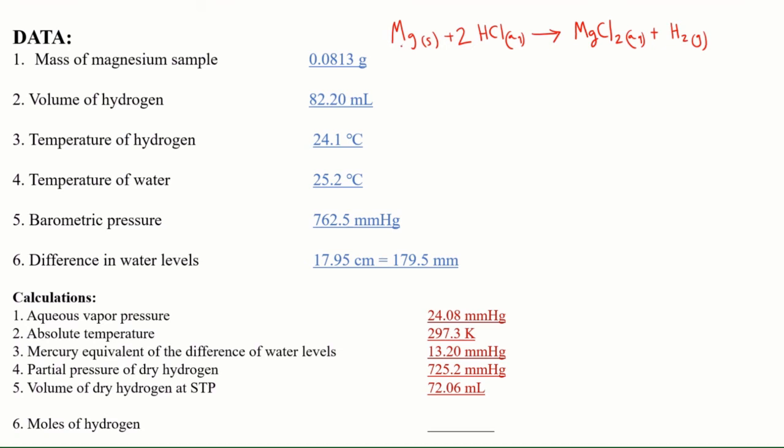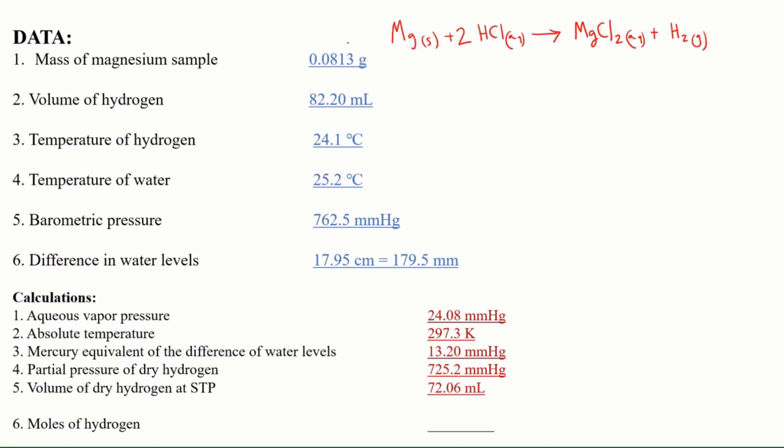Magnesium limits the reaction. Okay, and from the balanced equation, every mole of magnesium produces a mole of hydrogen gas, which means if we know exactly how many moles of magnesium the reaction began with, then we know exactly how many moles of hydrogen were produced in the reaction.